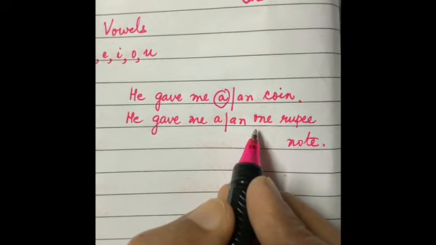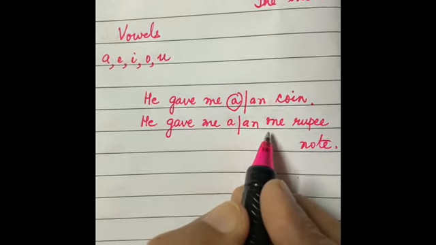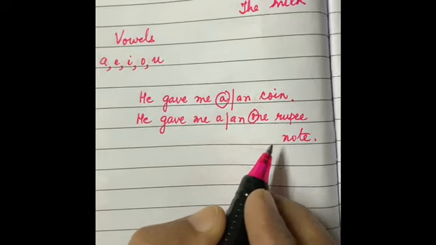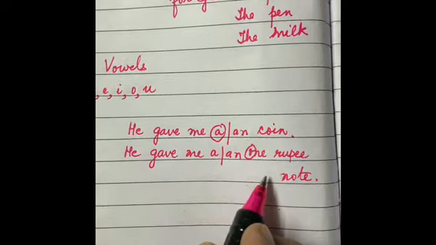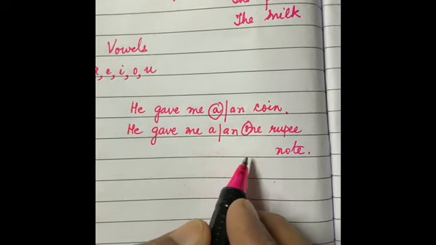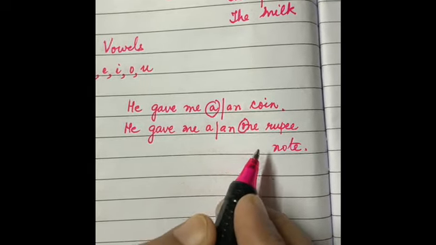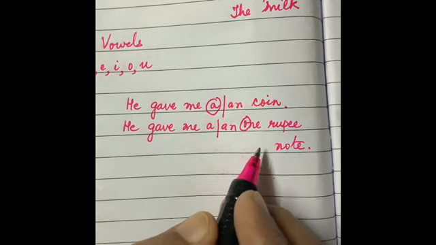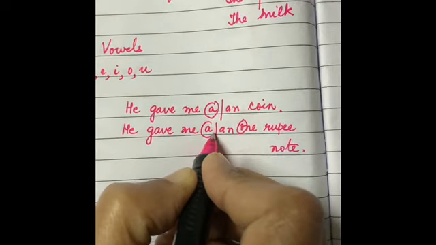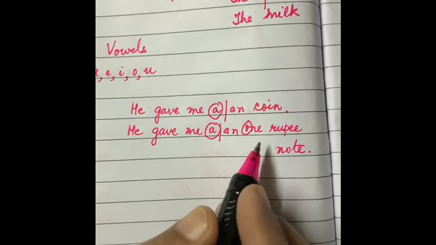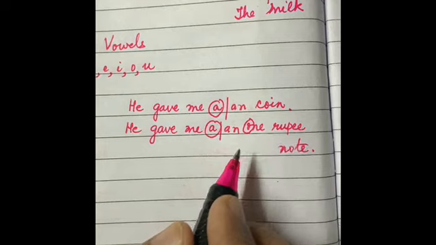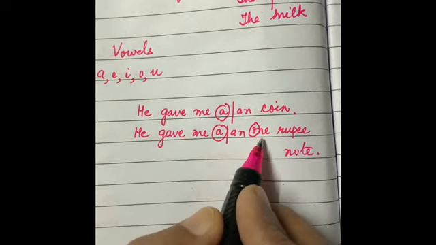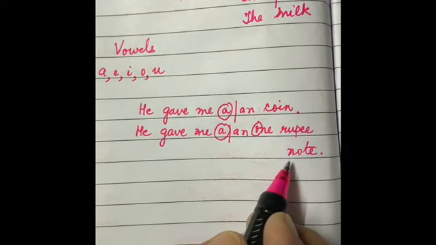Now the word 1 is beginning with a vowel O, but it does not have a vowel sound. The sound of 1 is V. The sound is not a vowel sound. It is a consonant sound. So article a will be used before 1. So the sentence will be, he gave me a 1 rupee note.